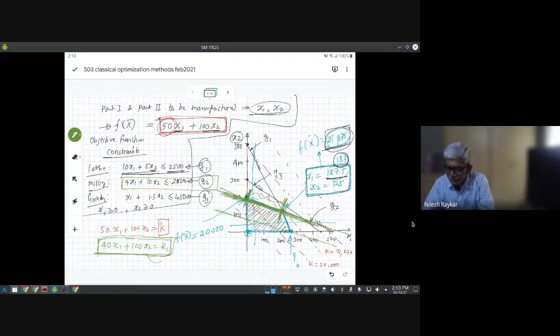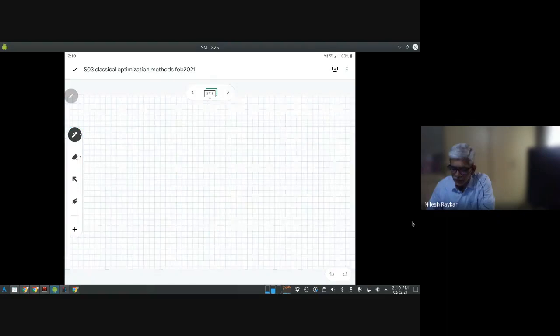Okay, now let's move ahead with our main topic for today, that is the classical methods or calculus-based methods. So let's begin with something which we already know about, and before that some definitions. I'm just drawing a function. My variable is x, and my objective function is a function of that x.